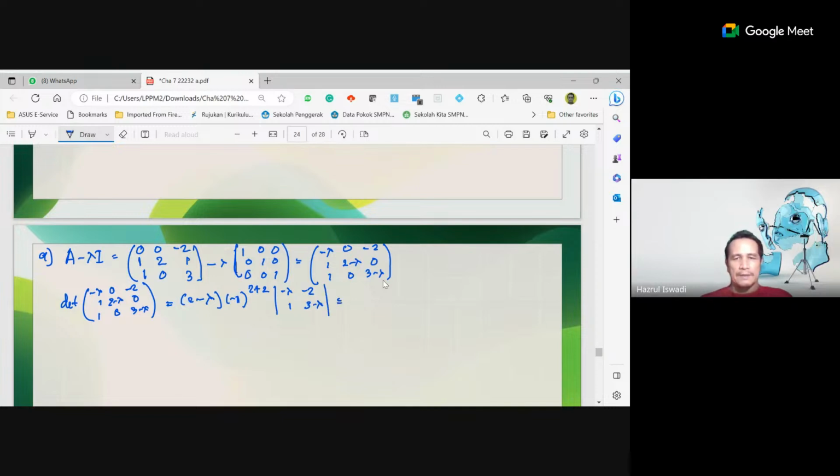We have 2 minus lambda times (-lambda(3 minus lambda) plus 2).